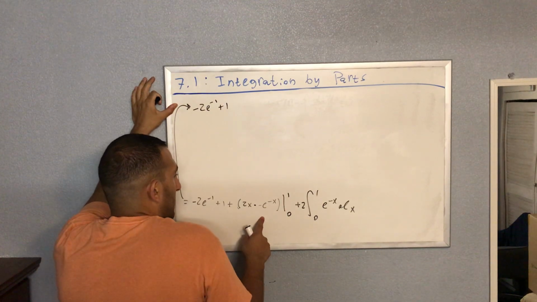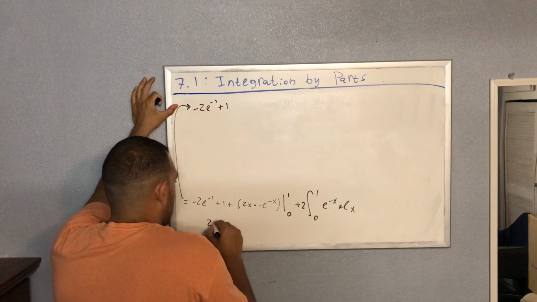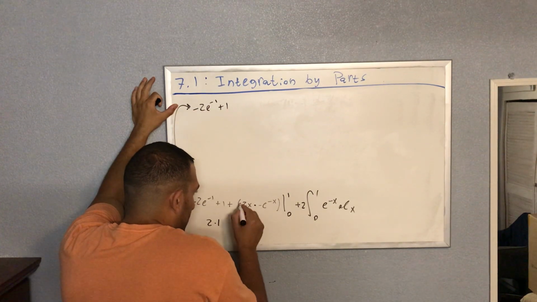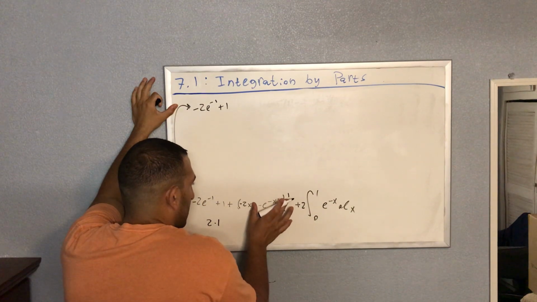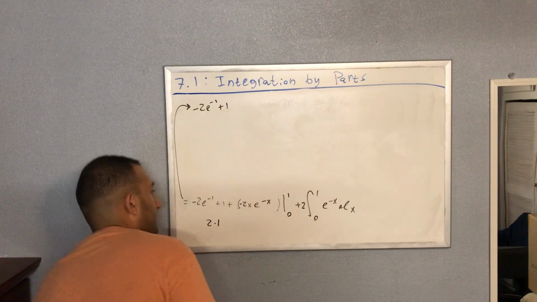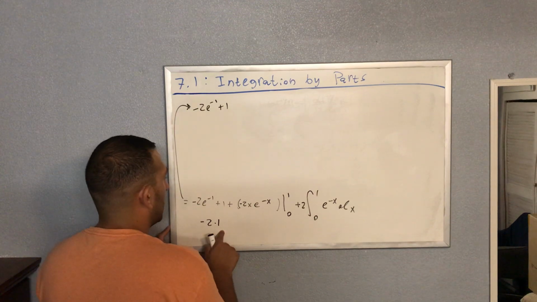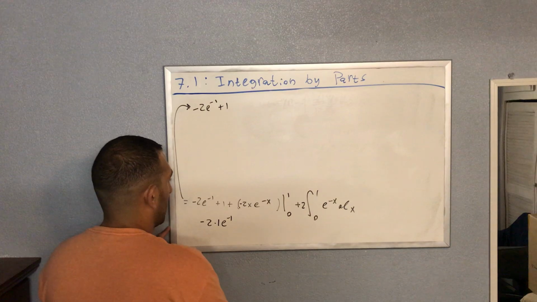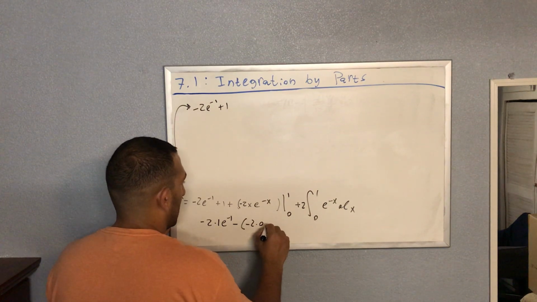And now evaluation of this from 0 to 1, let's do this off to the side. It'll be 2 times 1, or let's simplify this for a second. This minus sign here will just float there. So this is negative 2x e to the negative x. So this will be negative 2 times 1 times e to the minus 1 minus negative 2 times 0 e to the 0.